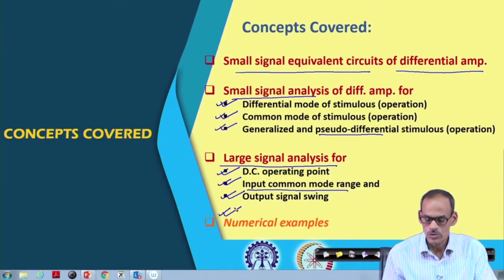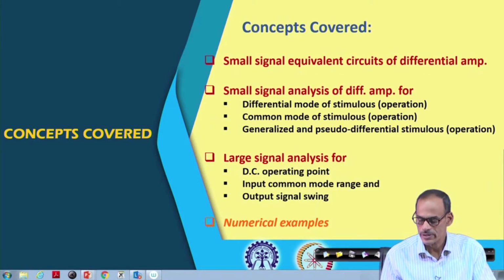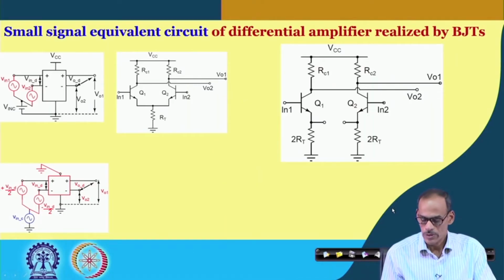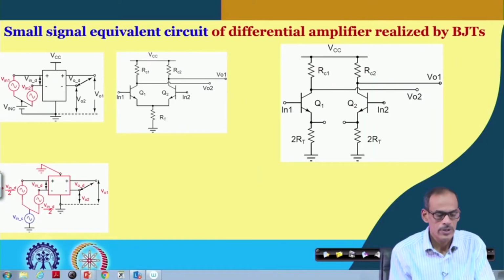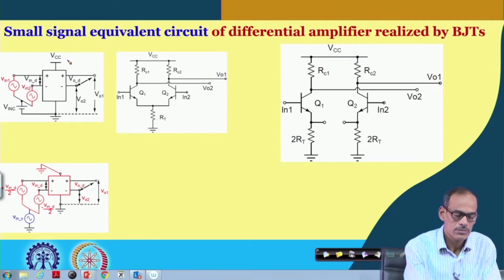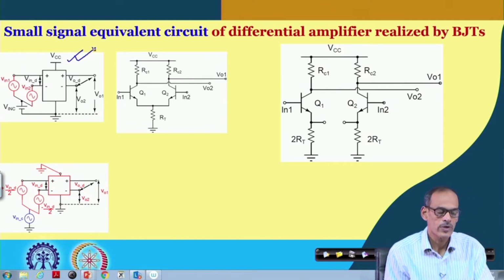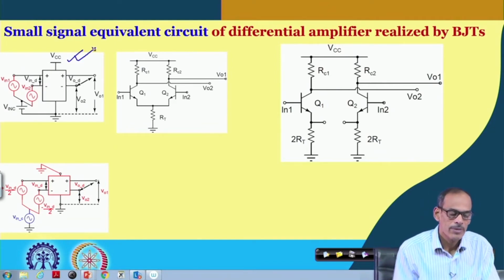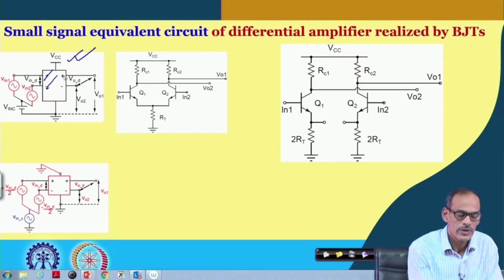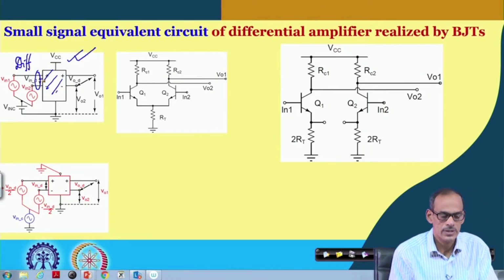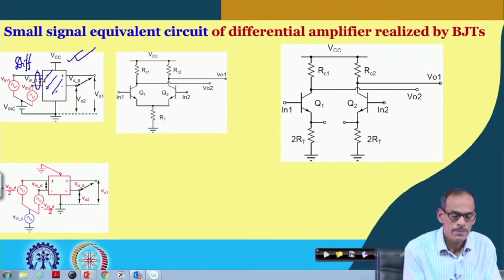Now, coming to the small signal equivalent circuit of the differential amplifier. Here we have the overall model, namely a differential amplifier, with an input port which is differential in nature, and the signaling is in differential form.